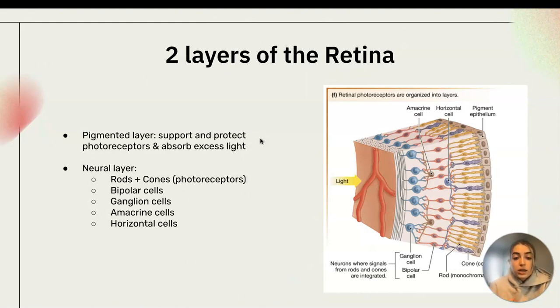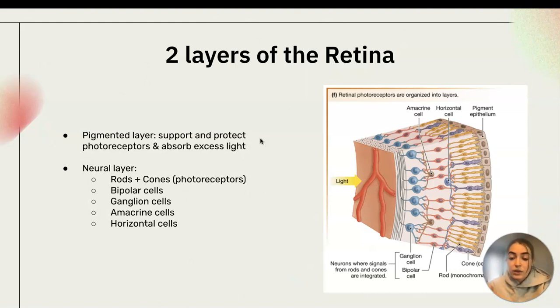So the rods and the cones absorb the light. This is where that phototransduction happens, where it converts it into an electrical signal. It then passes that signal onto the bipolar cells, which connect those photoreceptors and pass that signal from the photoreceptors to the ganglion cells. The ganglion cells generate an action potential because they have very long axons that travel along the retina and then travel out the optic nerve and carry that signal to the brain.